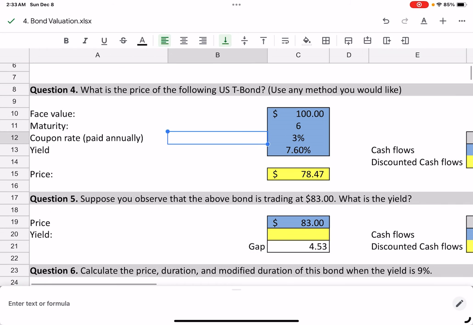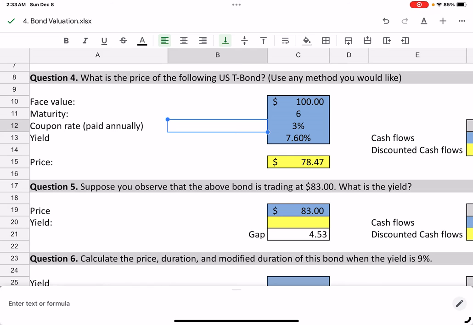So what are the characteristics of the bond whose price we are going to calculate? Remember, those in yellow are the things we are going to calculate with the help of formulas. The face value of this treasury bond is $100, which means that when the bond matures, we will receive $100 from the government, in this case the US treasury, and the bond will mature in 6 years.